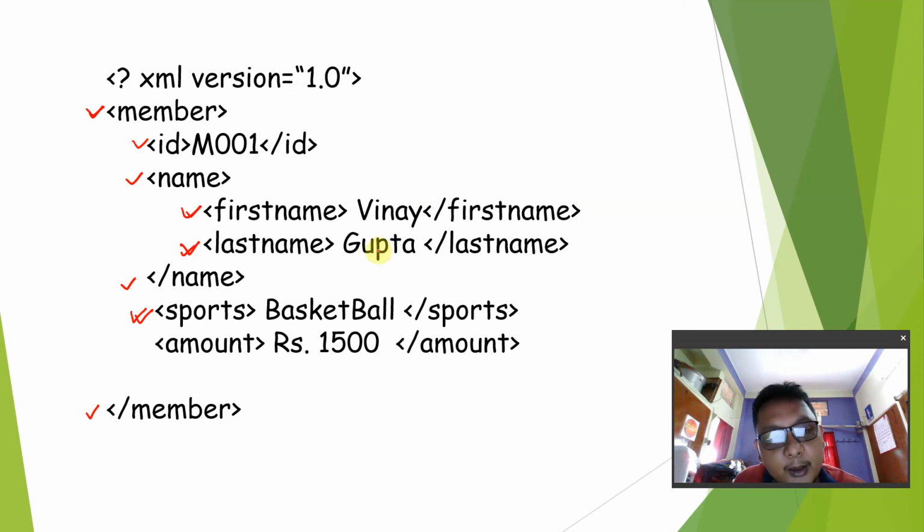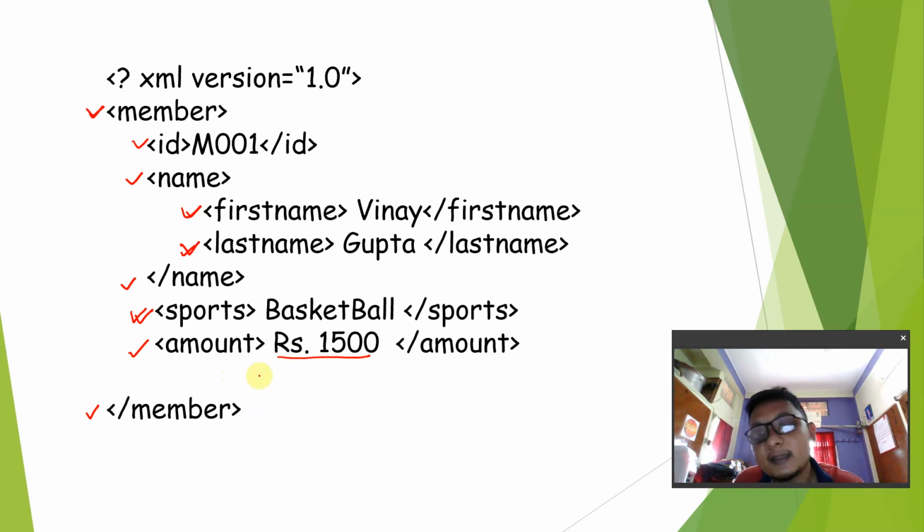All right. Similarly, what does this amount tag represent? It means that for registering for the basketball event, the interested members of the class have to pay this amount of rupees.